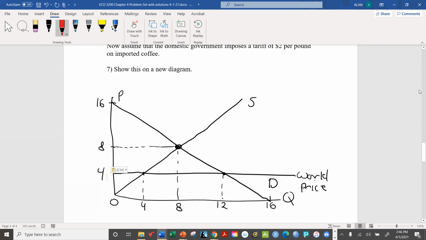So now we need a new line in here to indicate where the tariff is. So this line, I'll draw on this new line. This is the world price plus the tariff.